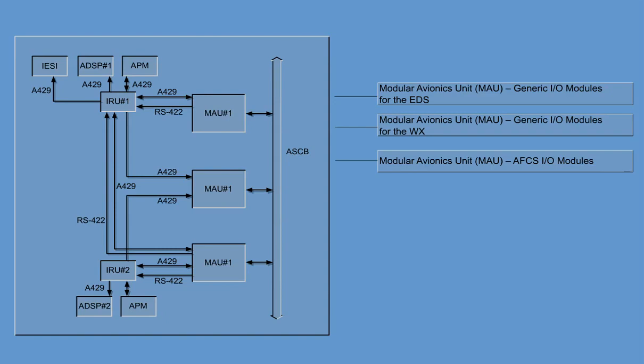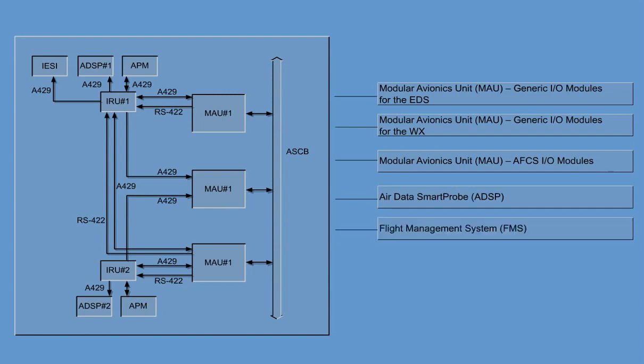The AFCS receives accelerations, attitudes, and attitude rates data from IRS. Air Data Smart Probe. The ADSP receives inertial data to perform slip static pressure compensation. Flight Management System. The FMS receives the positional information in order to display the alignment status of the IRS on the MCDU IRU status page. Integrated Standby System.